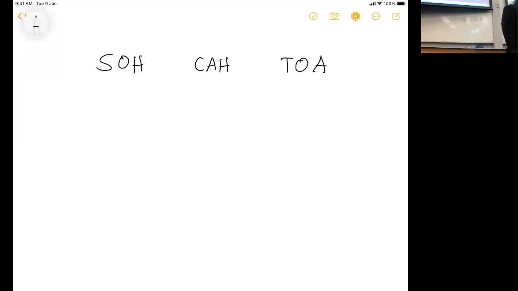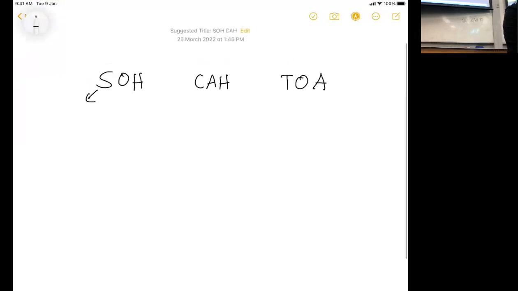The S in Soh stands for sine. So sine theta is when you have the opposite side divided by the hypotenuse.